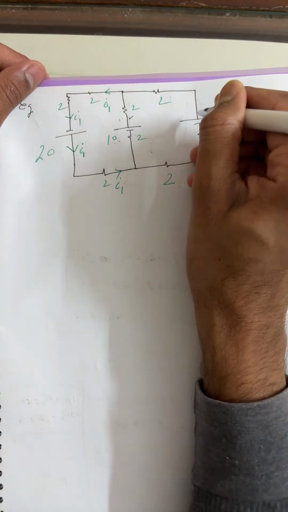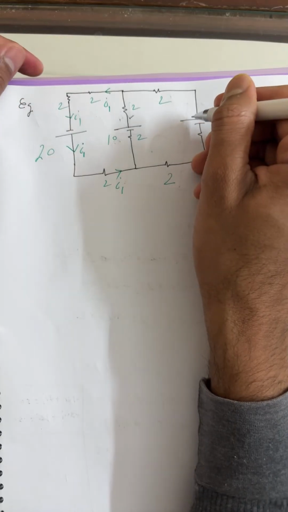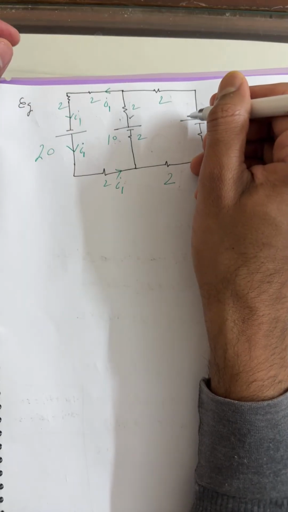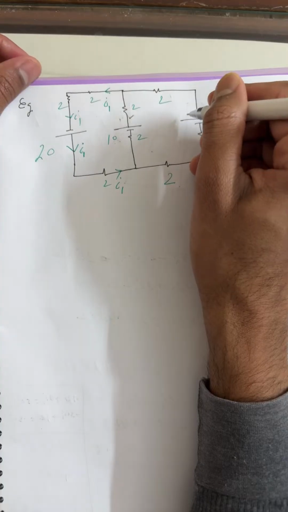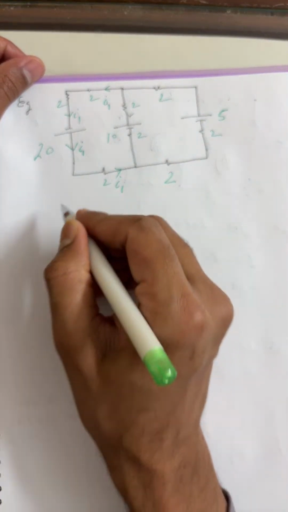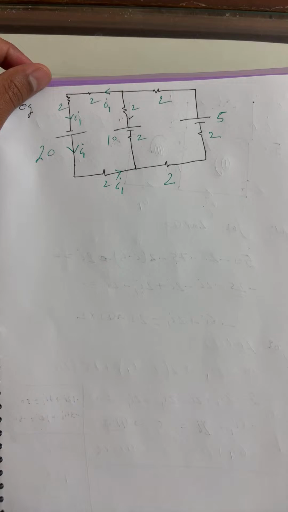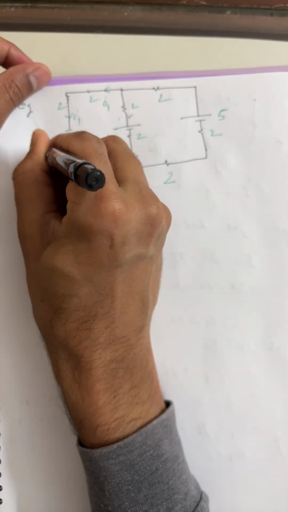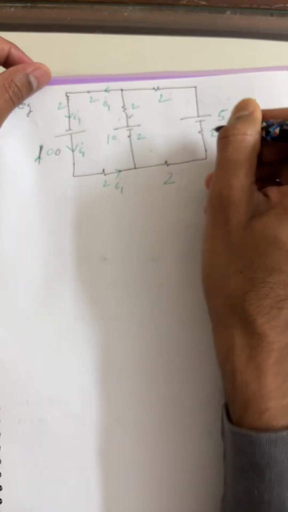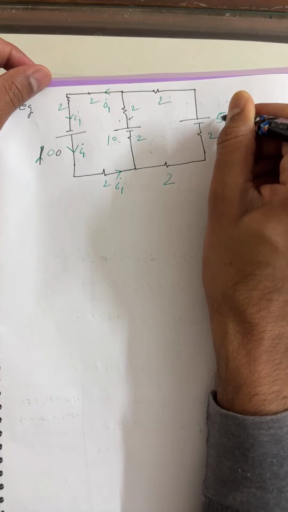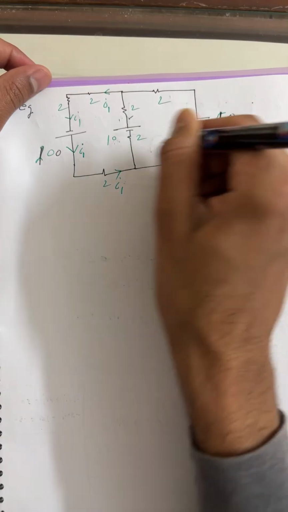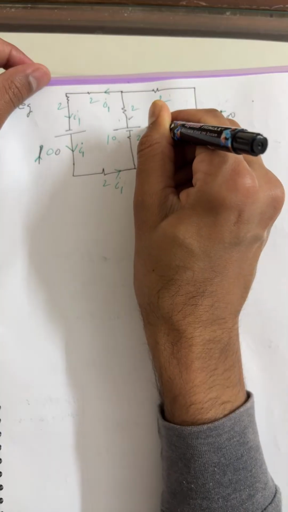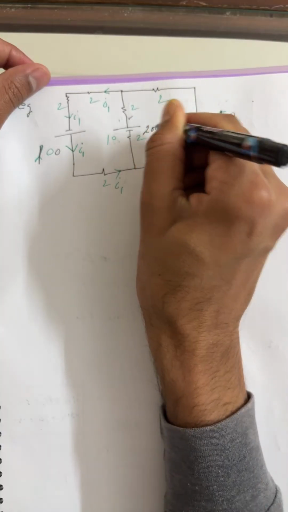Okay. Do one thing, a little change. I'll make little changes in this question. You can take 100 volt. This is also 100 volt. This is 200 volt.